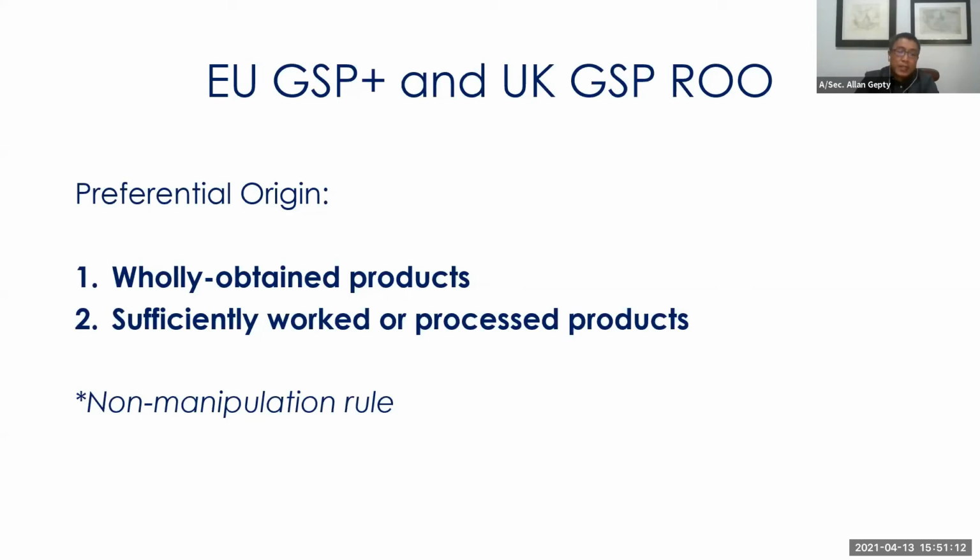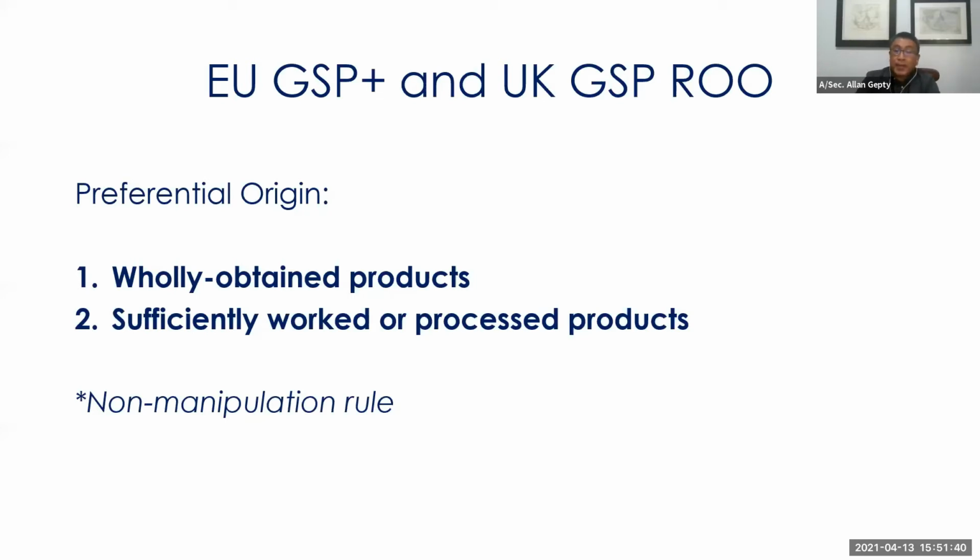Now, one principle that is being observed in the rules of origin is what you call the non-manipulation rule, meaning for products to benefit from this scheme during transportation from a beneficiary country to the EU or UK, the goods must not be altered, transformed, or subjected to operations other than, of course, preserving the good condition of the goods.